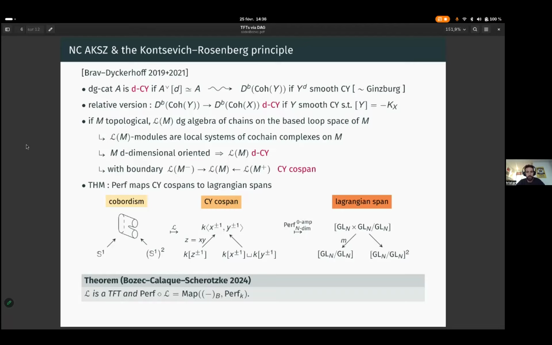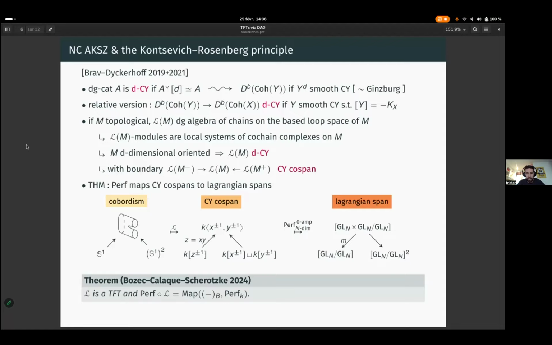So that's the main result that actually authorizes us to see these Calabi-Yau structures as very good non-commutative analogs of symplectic and Lagrangian structures.